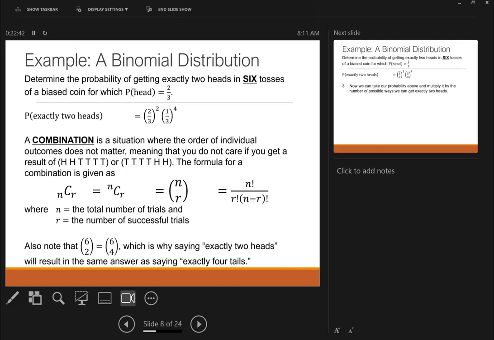So 6 choose 2 will be the same as 6 choose 4. Because if there's 6 total things and I have 2 heads exactly, the other 4 have to be tails. If I have 4 tails exactly, the other 2 have to be heads. Those 2 combinations should be the same, and they are. Does that feel okay?